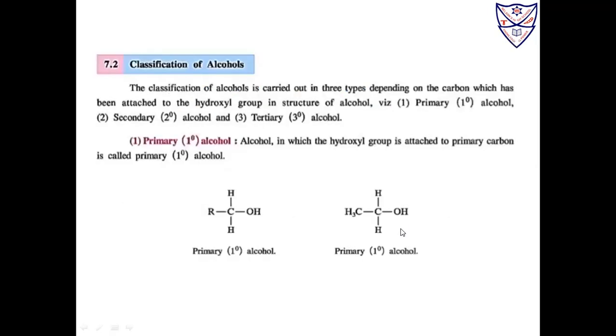Now let's start with the classification of alcohol. The classification of alcohol is divided into primary alcohol, secondary alcohol, and tertiary alcohol. Let's study primary alcohol first. An alcohol in which the hydroxyl group is attached to a primary carbon is called a primary alcohol. What is the primary carbon? This is the primary carbon, attached with this one. In place of R, we can write CH3. So an alcohol in which the hydroxyl group is attached to the primary carbon is called a primary alcohol.